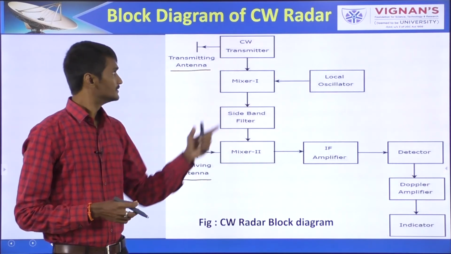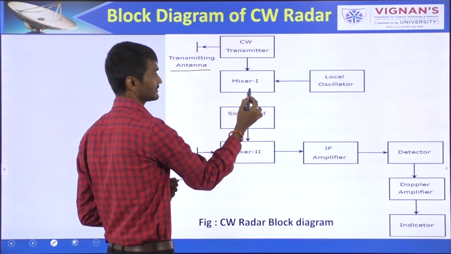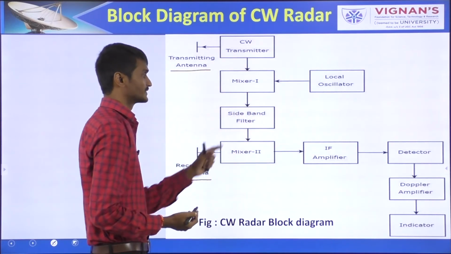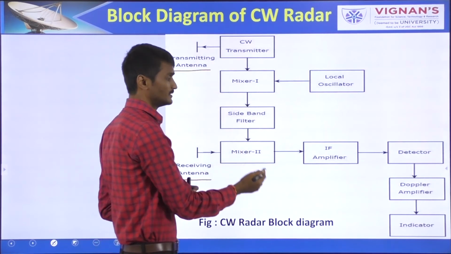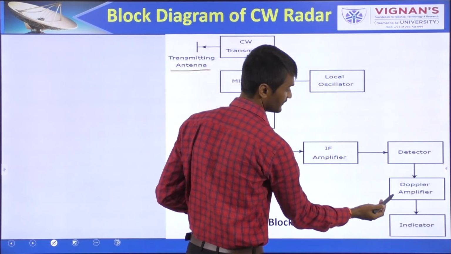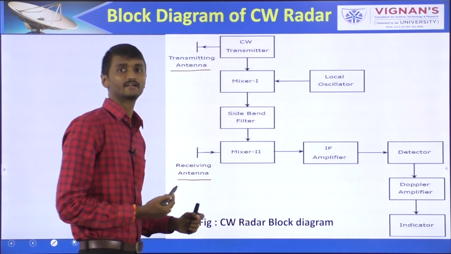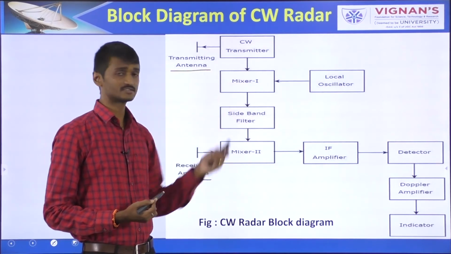It has a CW transmitter, mixer and the local oscillator, sideband filter, one more mixer, IF amplifier, detector, Doppler amplifier and an indicator. Each one we will discuss.